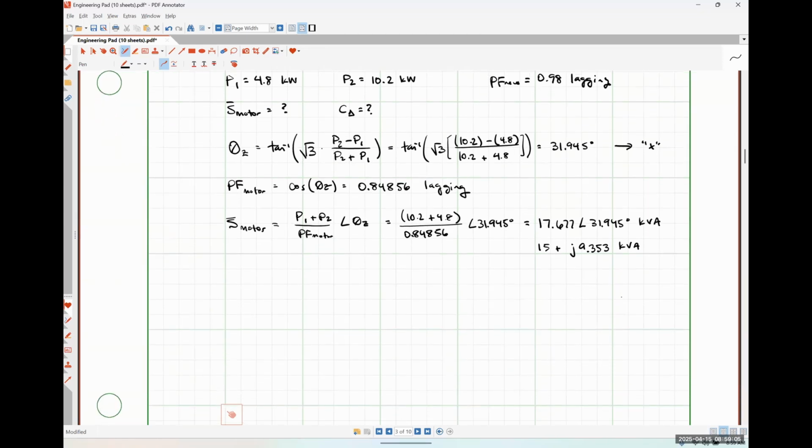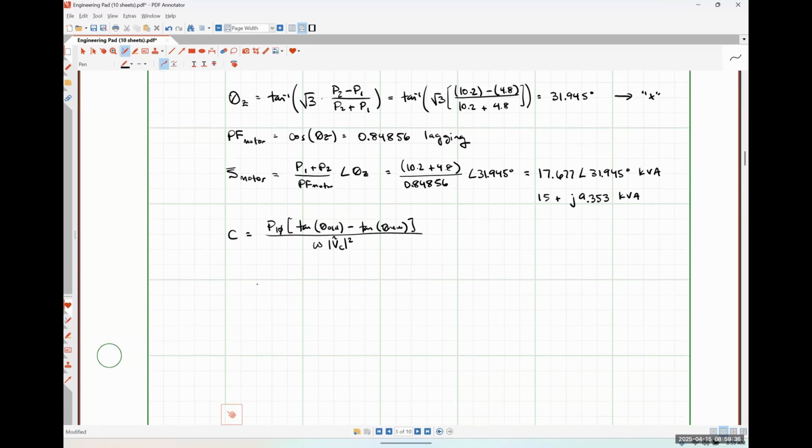So we're going to use the exact same expression that we used a moment ago to determine our capacitance. So that's going to be our single phase average power multiplied by the tangent of theta old minus the tangent of theta new, all divided by our angular frequency omega multiplied by the magnitude of the voltage drop across the capacitor squared.